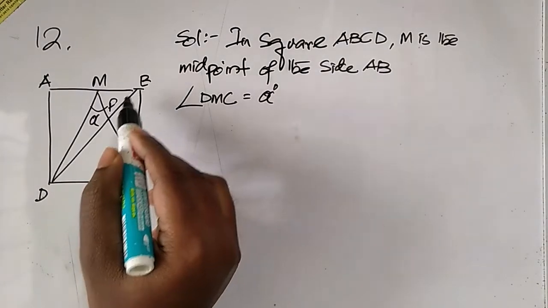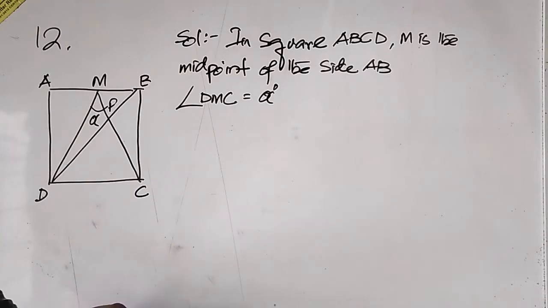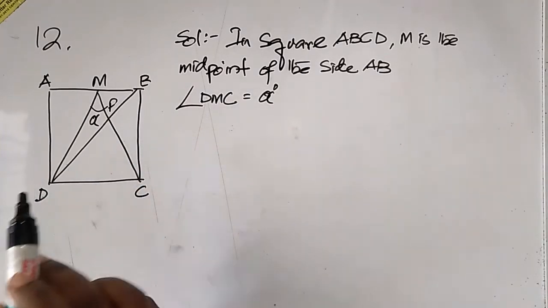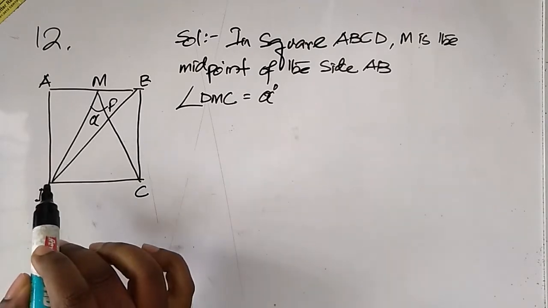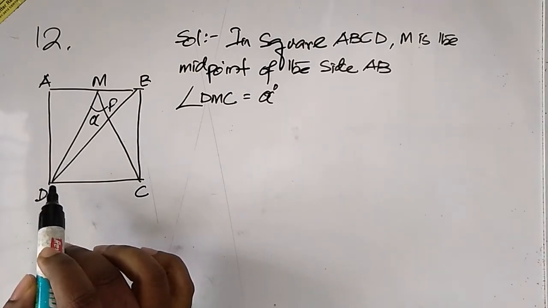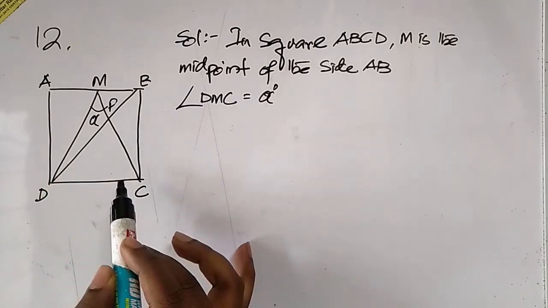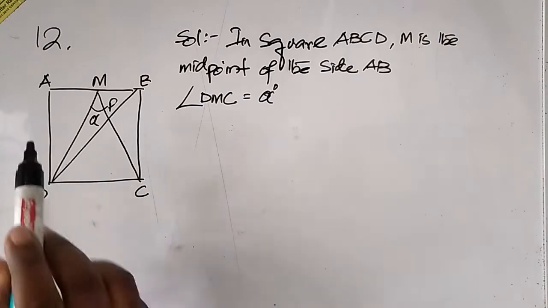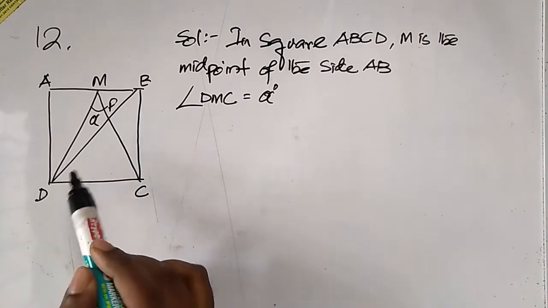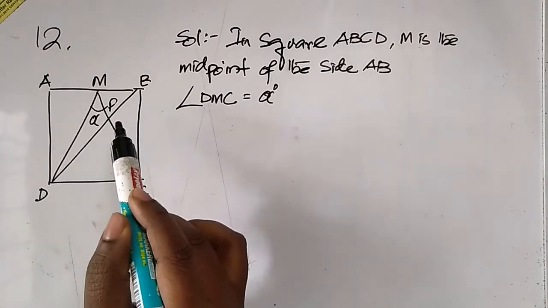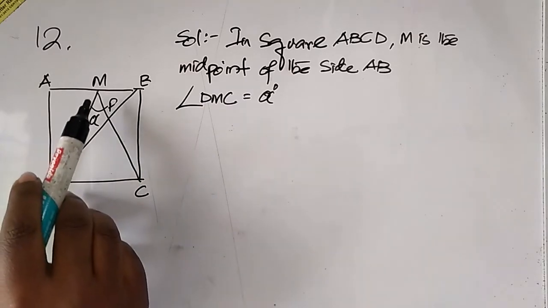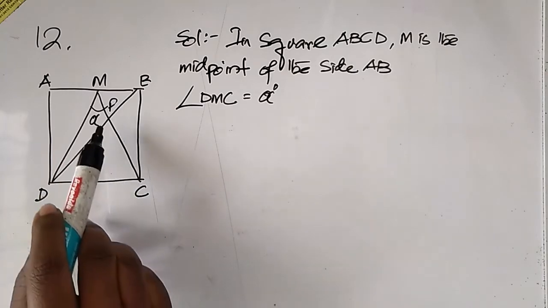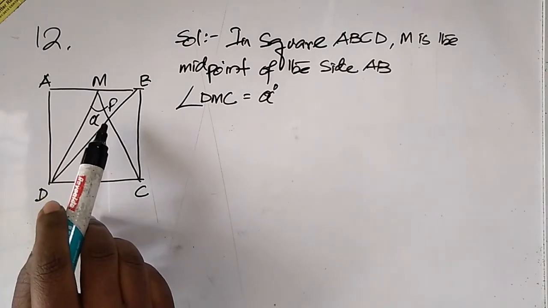Right, now you notice here that BD is the diagonal. This diagonal intersects MC at P. You notice here that BD is a diagonal of the square and it intersects the line MC. And it intersects at which point? P, over here.